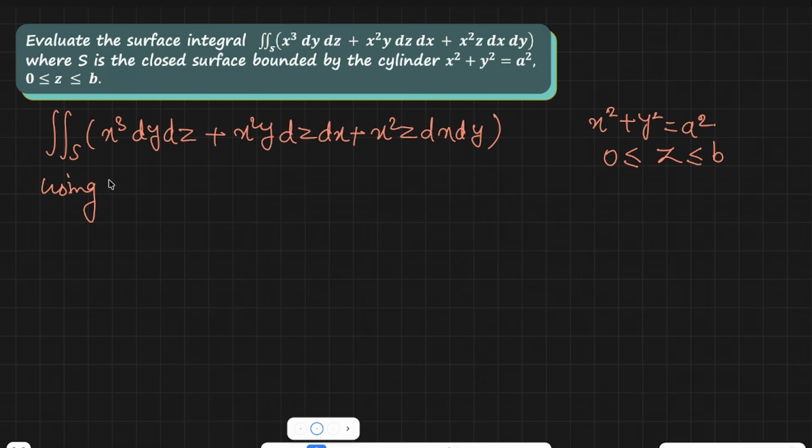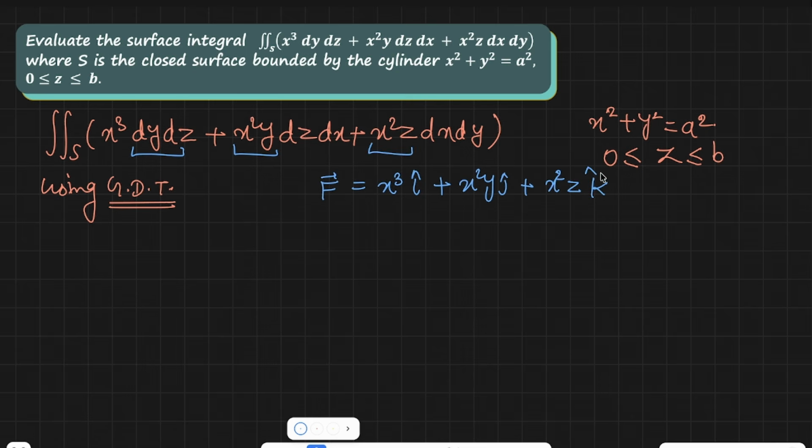So using the Gauss divergence theorem, GDT, what you have to identify first is your F. F is nothing but the coefficients: x cube i cap plus x square y j cap plus x square z k cap. Now what is the formula? The double integral of F dot n cap dS over S is equal to the triple integral of the divergence of F dV, which is the volume integral.